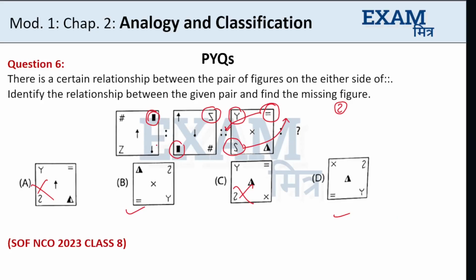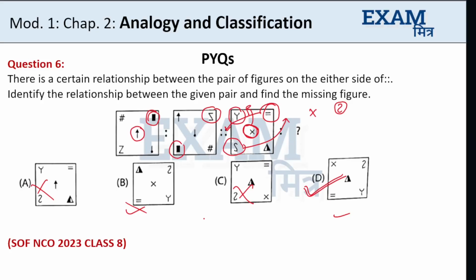Then think about this arrow. This arrow is at the center. But in the second part, this arrow is moving to top left. So that means whatever we have here at the center must move to top left. That means the cross must come here. Do you have such options? Yes. So option D will be our answer and B will be cancelled.